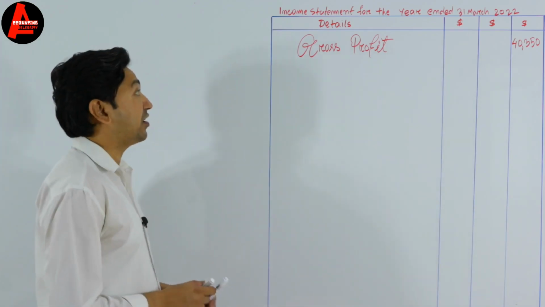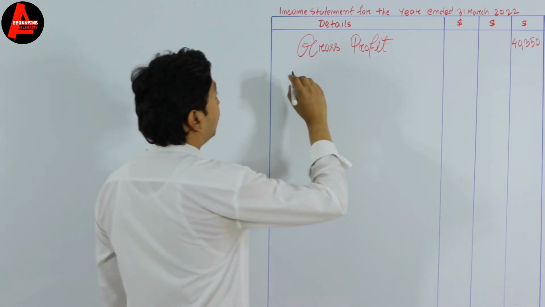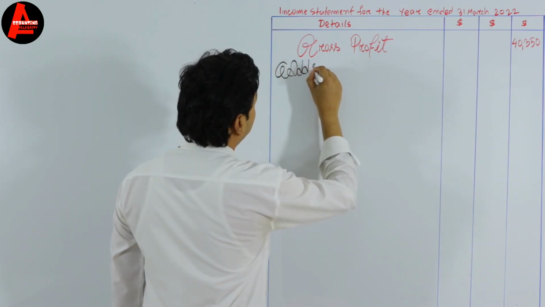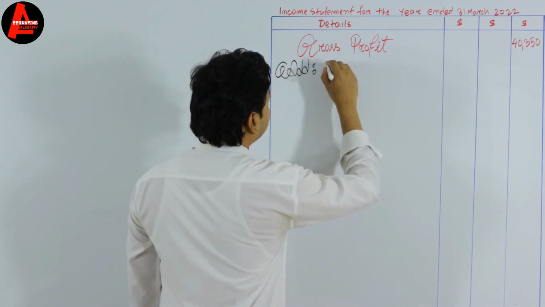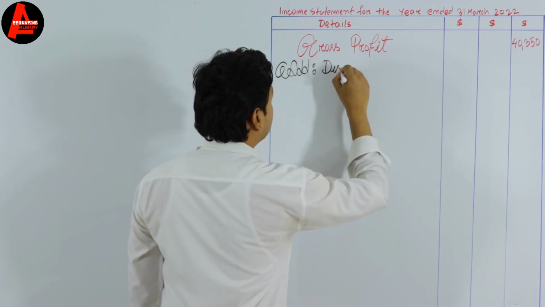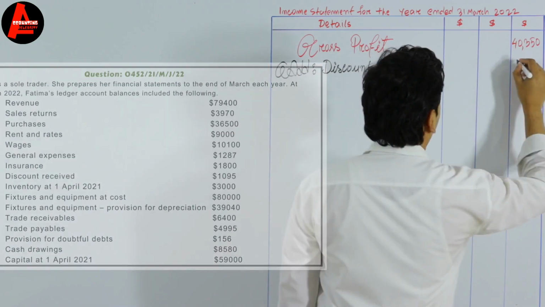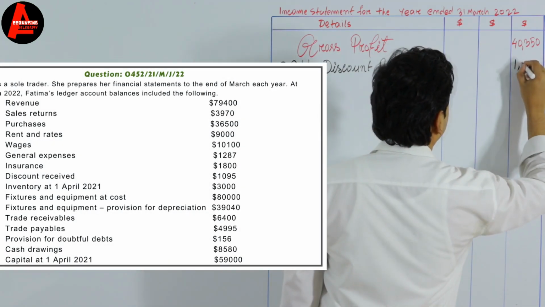Okay, so let us write here first item. So we will write here add or plus, whatever you prefer, discount receipt. So we have on the question 1095, right? Okay.